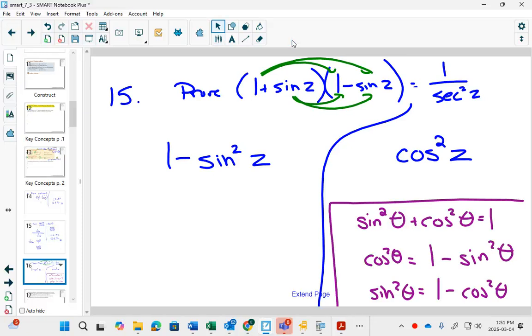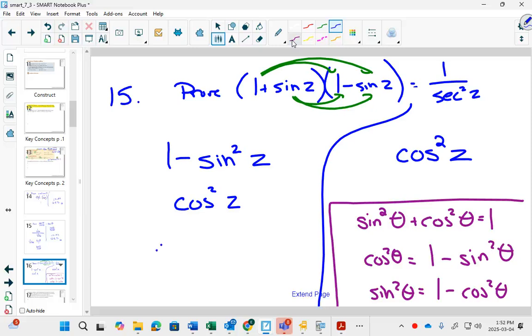It is allowed to take this and change it to cos squared z. If you can do one of our main rules in one mental math step, you don't have to show any work. You could just go from 1 minus sine squared z to cos squared z.